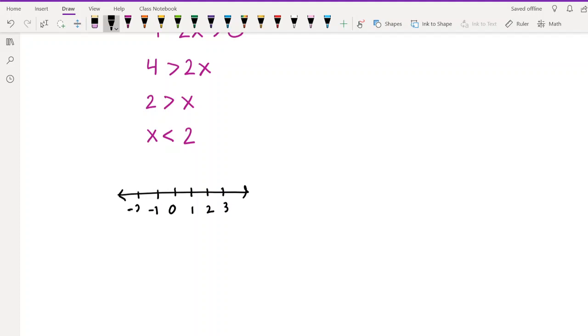Okay, so if x is less than 2, that means that x cannot be equal to 2, but it can be anything to the left of 2. And so in interval notation, this would give us negative infinity up until 2, not including 2. So we want to put a parenthesis.